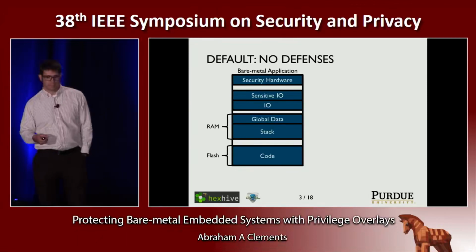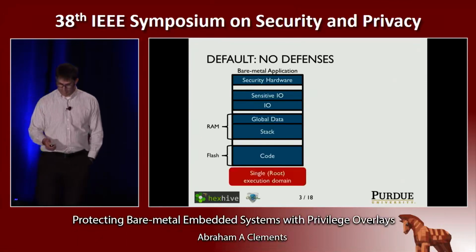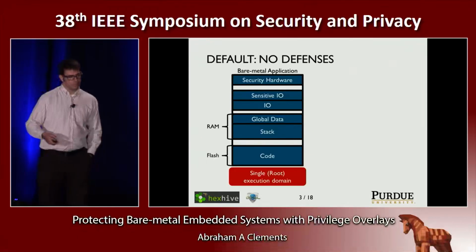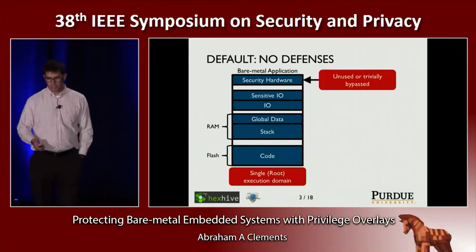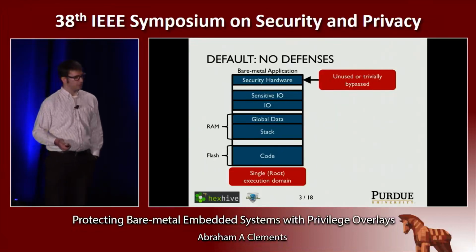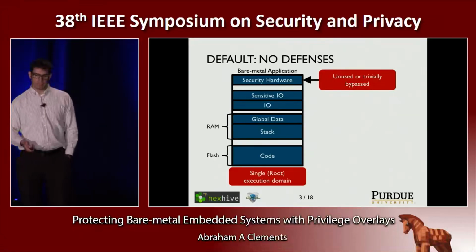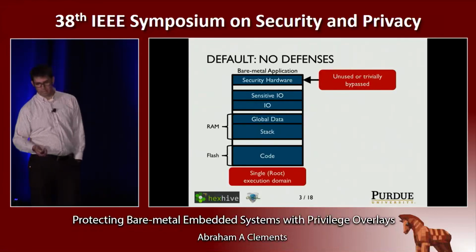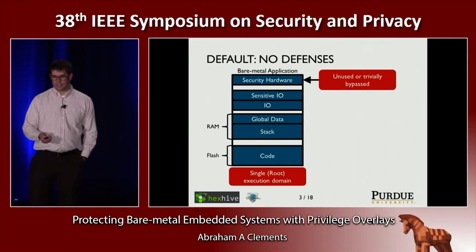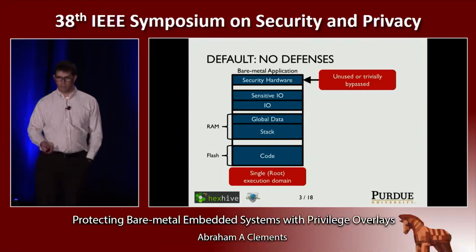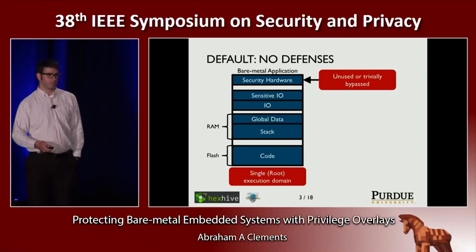They also contain some security hardware. But we'll find that everything on the system runs with a single execution domain. Everything runs as root. If there is security hardware, it's unused or trivially bypassed. Because everything's in root and the security hardware is configured by writing to the fixed memory locations where it's located, a single memory corruption vulnerability would allow you to just turn off any sort of security hardware that's enabled.